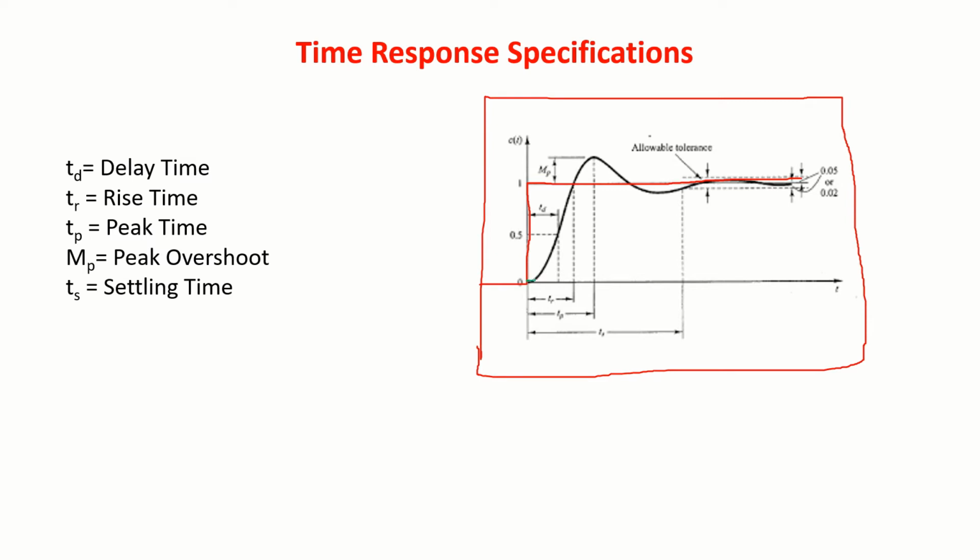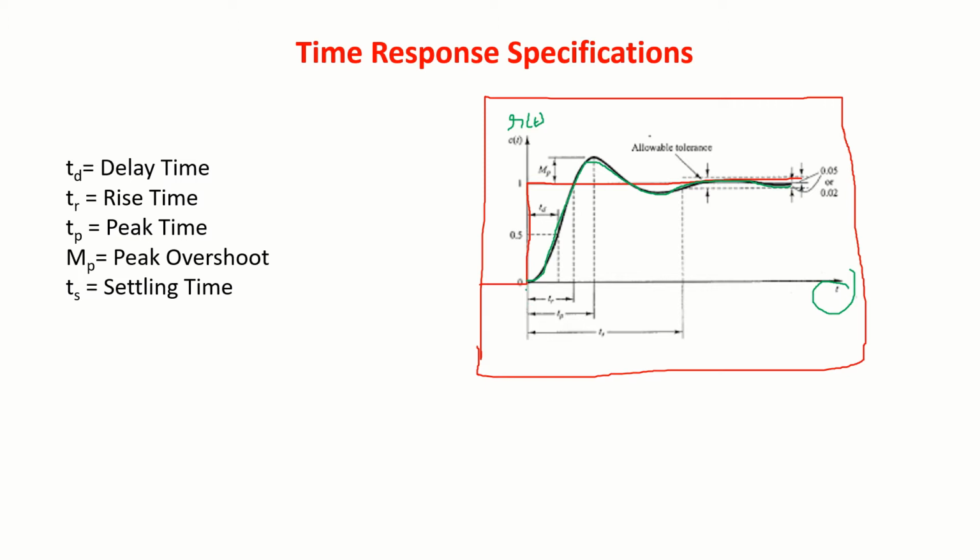This is time t. This green curve is output versus time, red characteristics is input versus time.